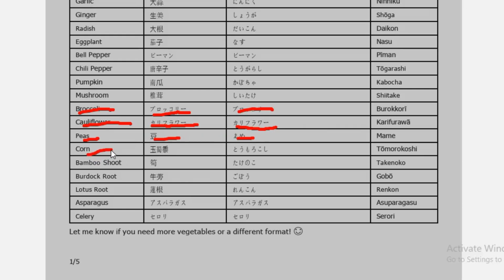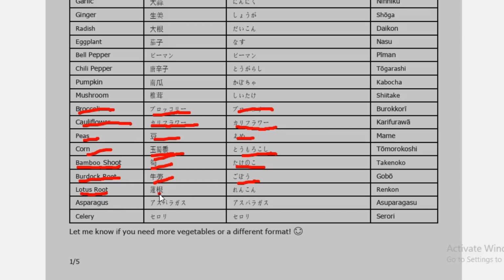Mame. For corn, it is tomorokoshi. Tomorokoshi. For bamboo shoot, it is takenoko. Takenoko. For burdock root, it is gobo. Gobo.